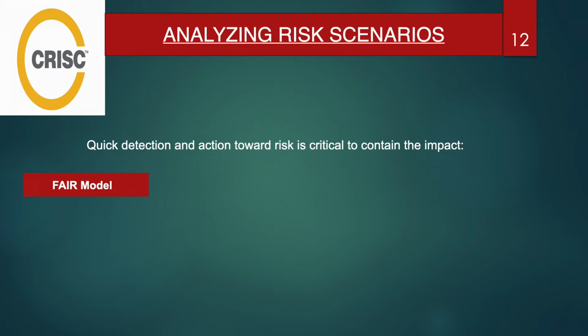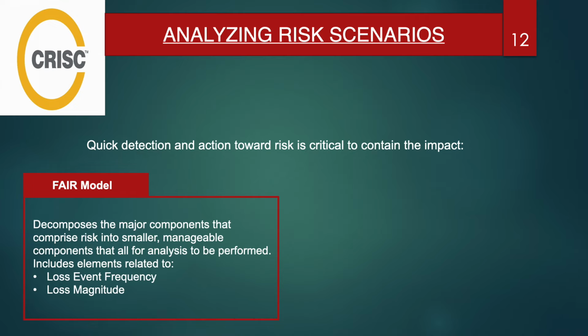So let's discuss the first model, the FAIR model, that is, the Factor Analysis of Information Risk model, which breaks down the key components of risk into smaller or more manageable components that may be studied, right? FAIR is an acronym that stands for Factor Analysis of Information Risk.